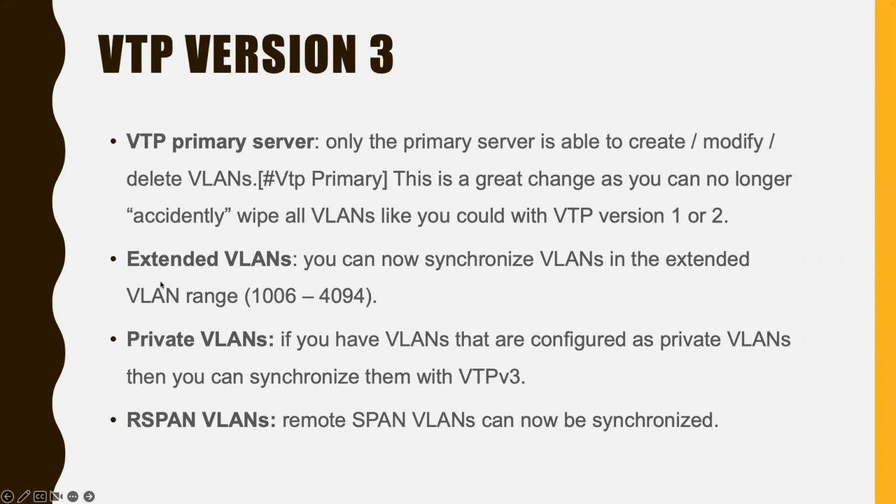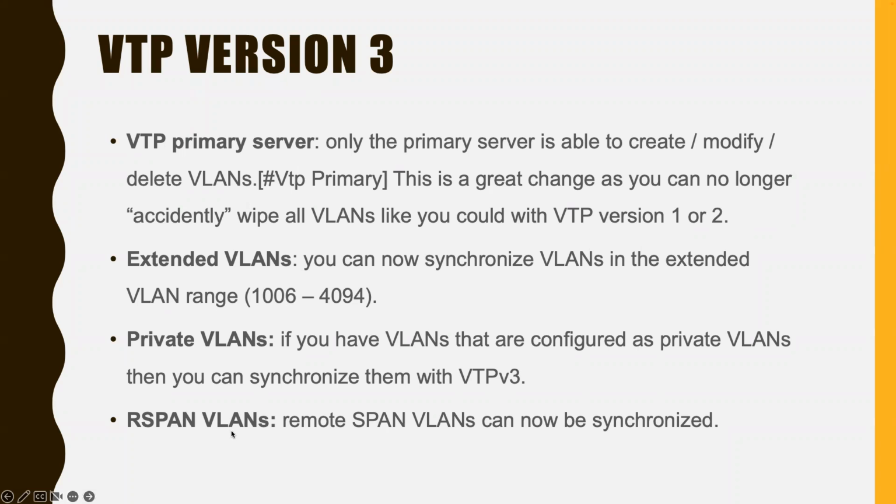Another difference is that earlier only the normal VLANs, ranging from 1 to 1005, were synchronized. However, in VTP version 3, you can synchronize extended VLANs also, 1006 onwards. Private VLANs are also synchronized using VTP version 3.